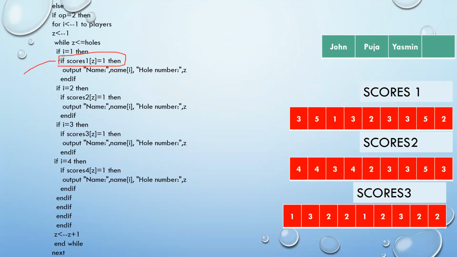So only this if statement has been added for each of the scores array. So if there are 4 players, we'll have 4 such arrays. So this is the only change from the previous pseudocode of option 1.